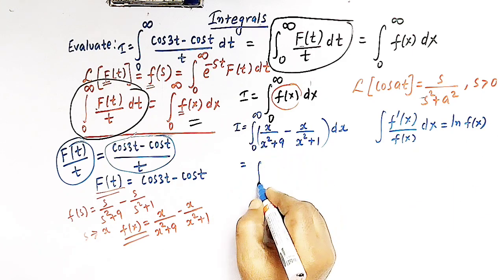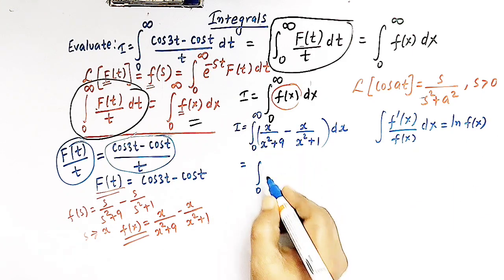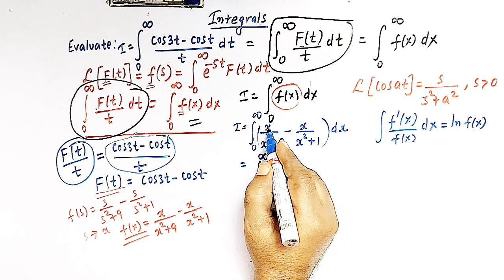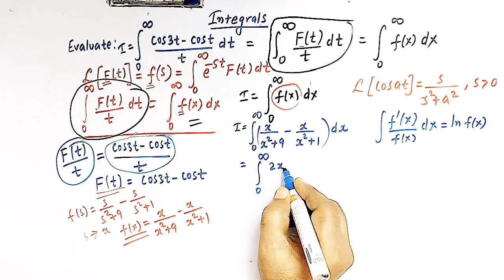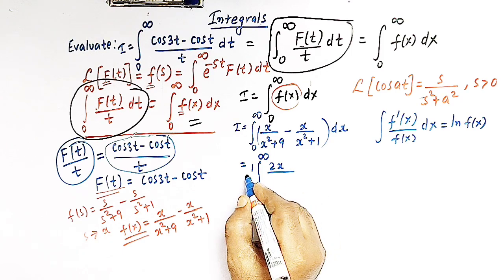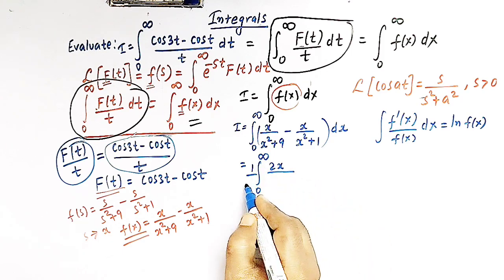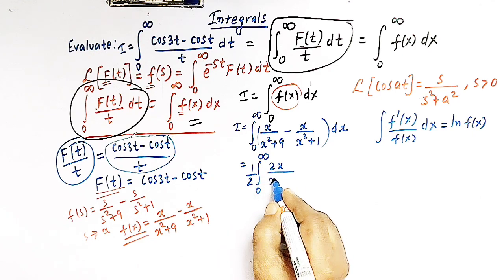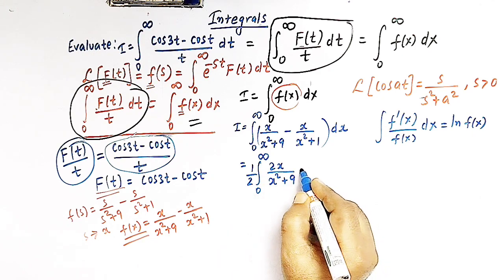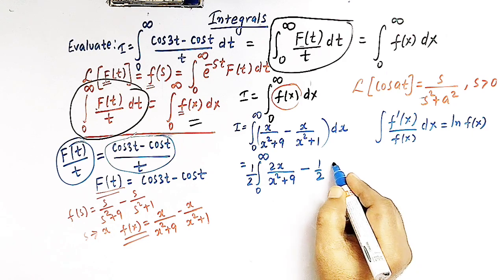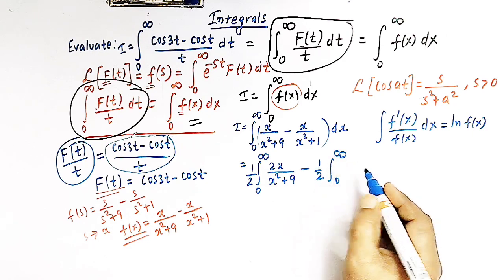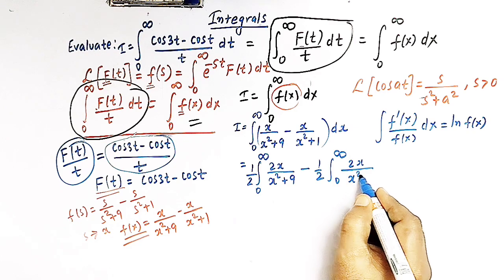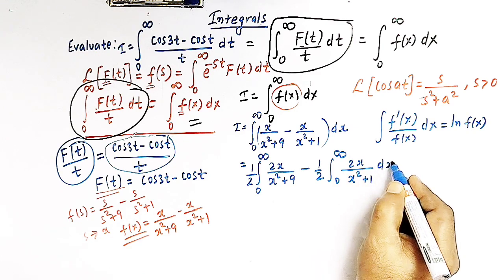So here we have the first integral, so we can now write 0 to infinity, and here we have x, so let us write it as 2x, and here multiply this integral with half, so that this 2 and this 2 get cancelled, and we have now again half and 0 to infinity, and here also we can write 2x divided by x square plus 1 dx.